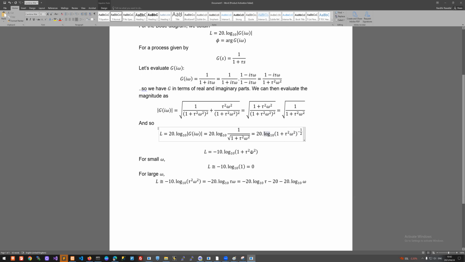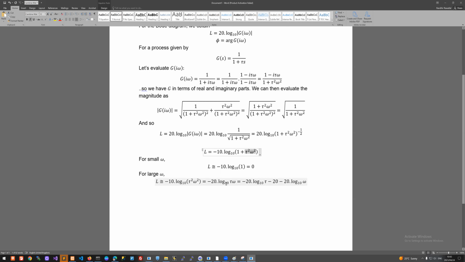And then we said for small values of omega, the second term vanished, leaving us with log 1, which is 0. And when omega is large, the 1 plus part is small in comparison, leaving us with tau squared omega squared. And we could, of course, rewrite that by taking the 2 in front here.